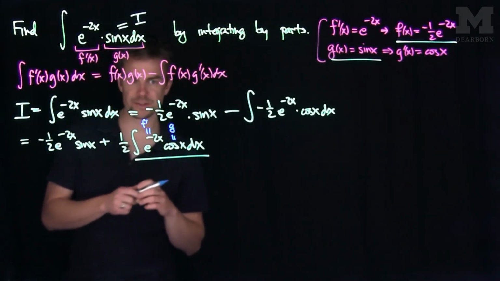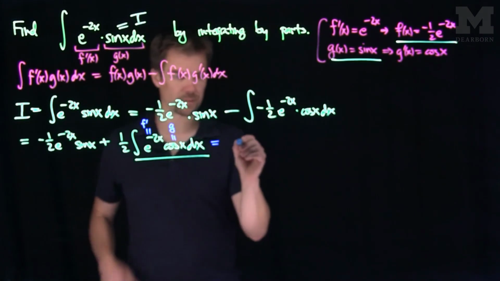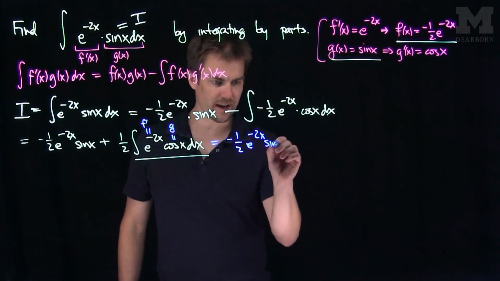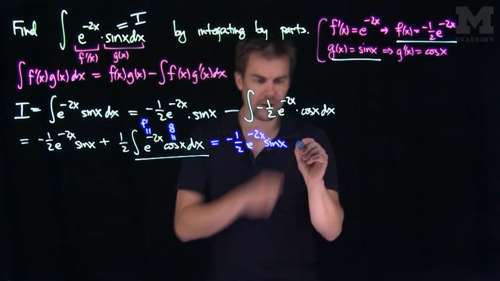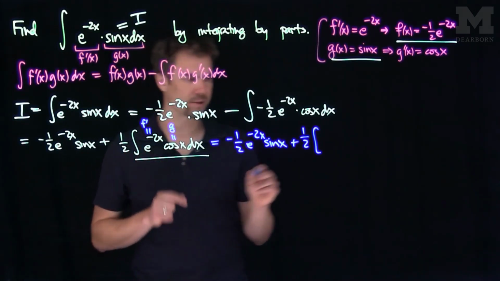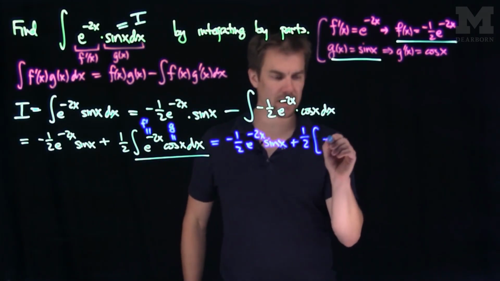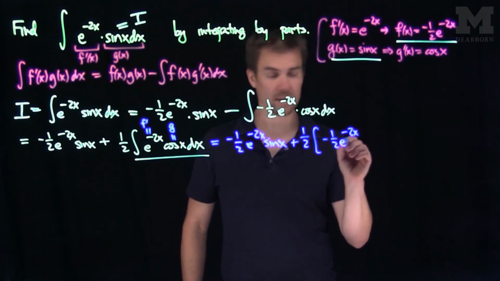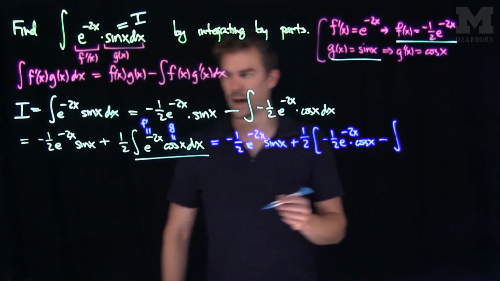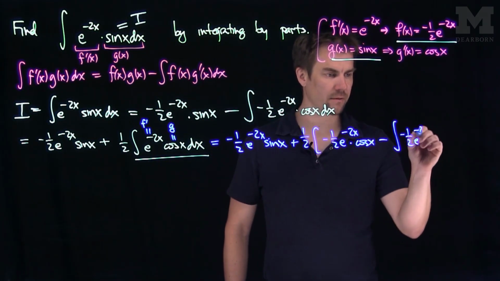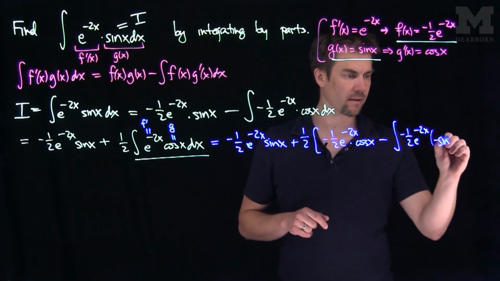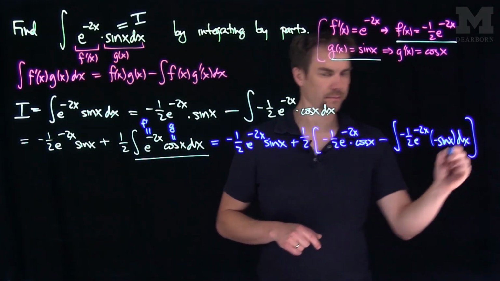If we integrate by parts again, the first term stays the same, negative 1/2 e to the negative 2x times sine of x, then plus 1/2 times f times g, negative 1/2 e to the negative 2x times cosine of x, minus the integral of f, negative 1/2 e to the negative 2x, times g prime, negative sine of x dx.